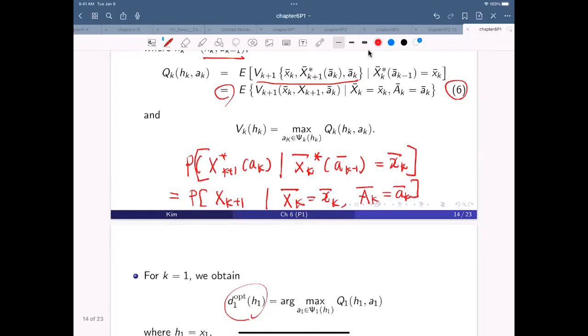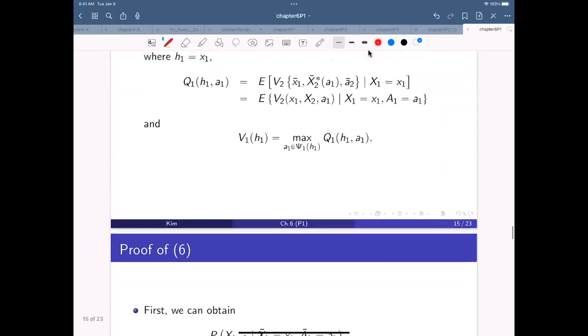This is what we want to show. If you can show that, that basically means that whatever conditional expectation is written in terms of potential outcomes can be completely expressed by the corresponding conditional expectation in terms of the observed data. That is the key idea, the essence of the G formula.